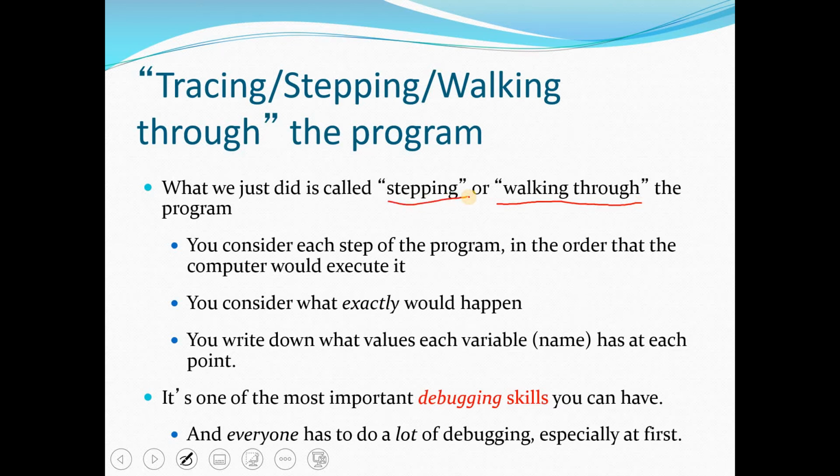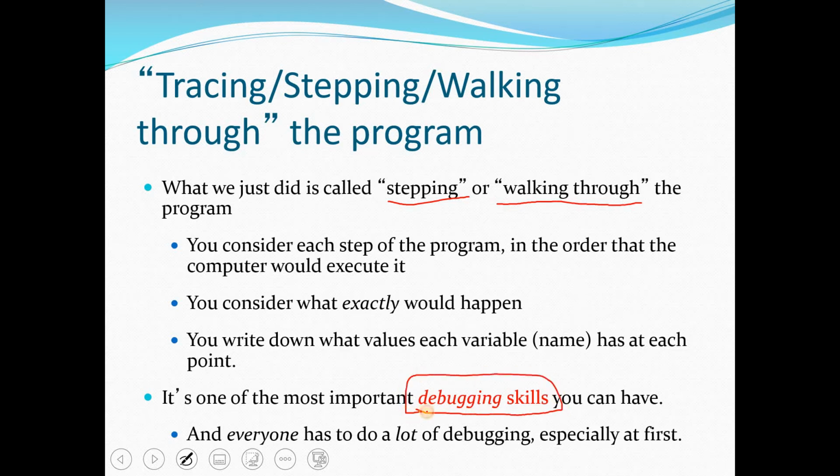Clear? Stepping or walking through your code is a very important programming skill. If you know how to go through your code slowly, then it will help you to understand if there is some problem in your program. These skills overall we call the debugging skills.